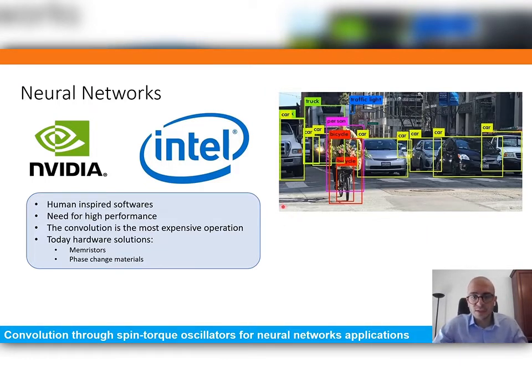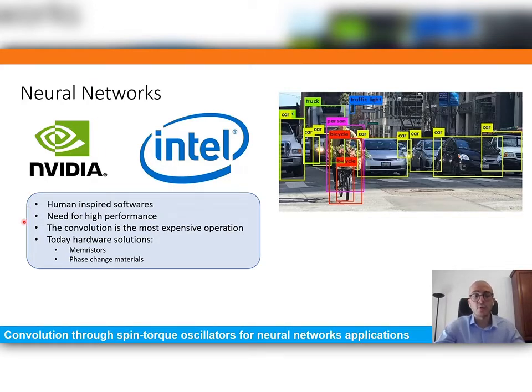And because of these real-time applications, there is a need for higher performance devices. And so the semiconductor manufacturers are focusing their attention on neuromorphic and unconventional solutions, like the one I'm proposing today, for the implementation of neural networks.